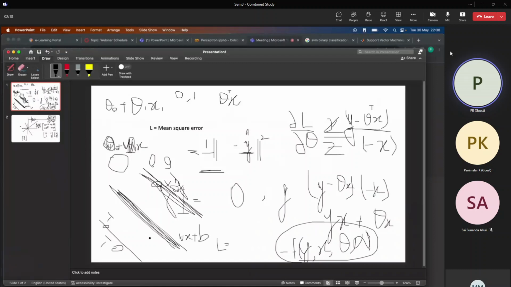If suppose I took the line and I made it like this, then it will not be the same. It will become plus here, it will become minus here, primarily because the positions of the vectors are on different sides, because the slope is different.